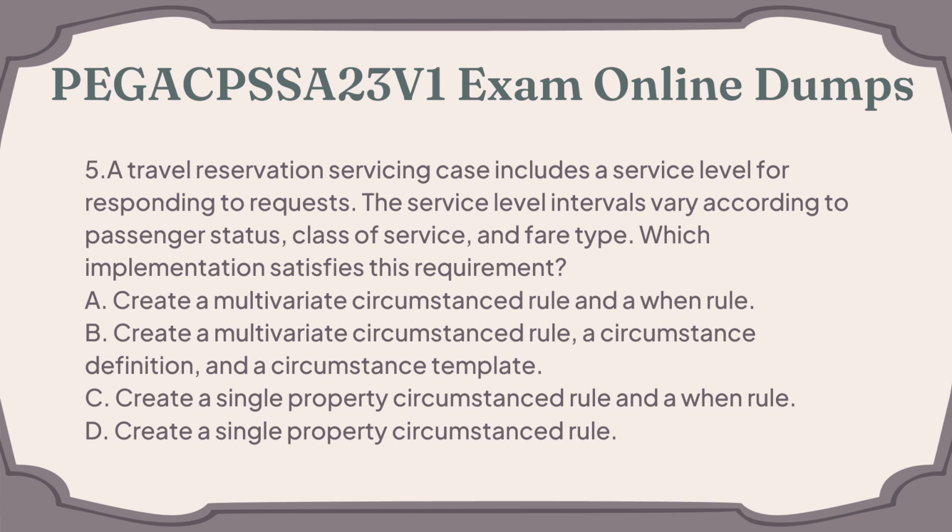B. Create a multivariate circumstanced rule, a circumstance definition, and a circumstance template. C. Create a single property circumstanced rule and a when rule. D. Create a single property circumstanced rule.